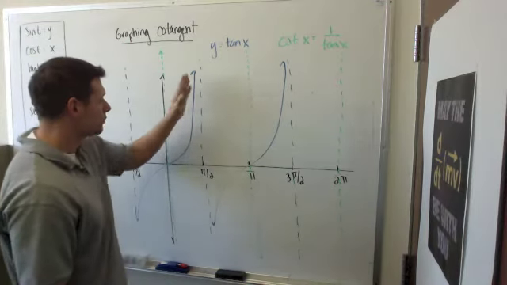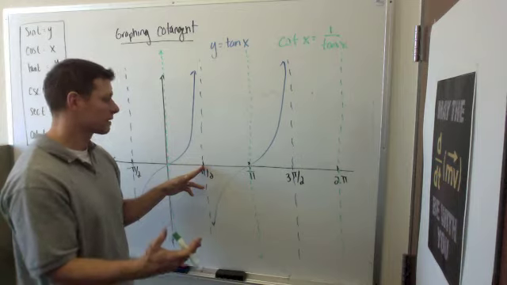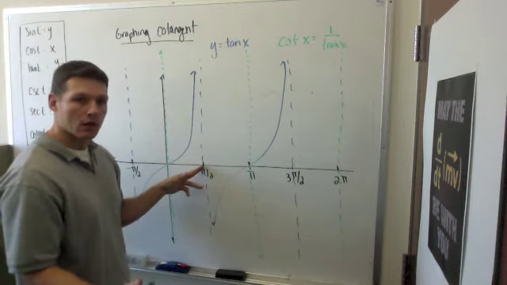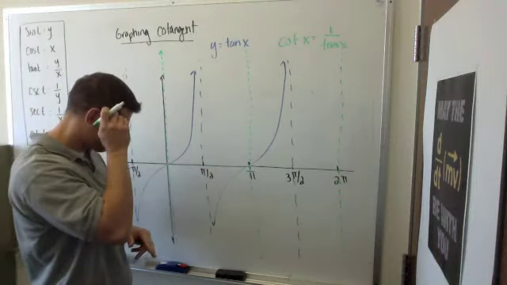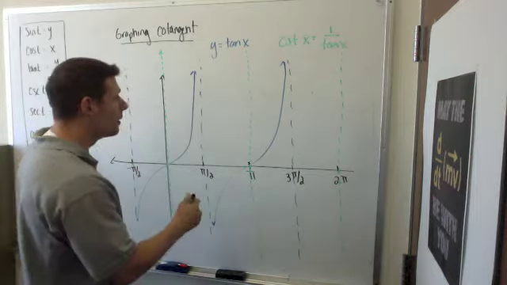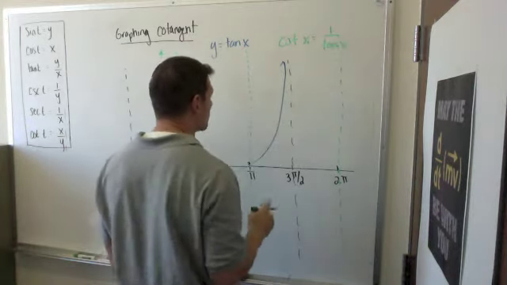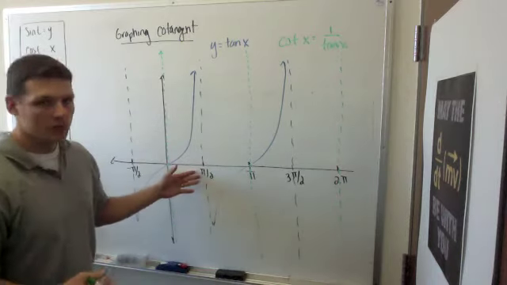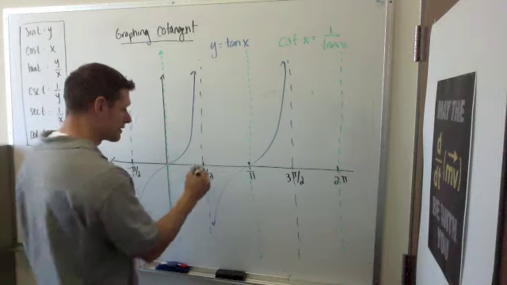Well, we know that tangent is undefined right here because we're dividing by 0. Whereas we have 1 divided by 0. Can you divide by 0? No. But if I have 1 over tangent of pi over 2, now tangent of pi over 2 is undefined, but if I have 1 over that value, I'll end up getting 0.